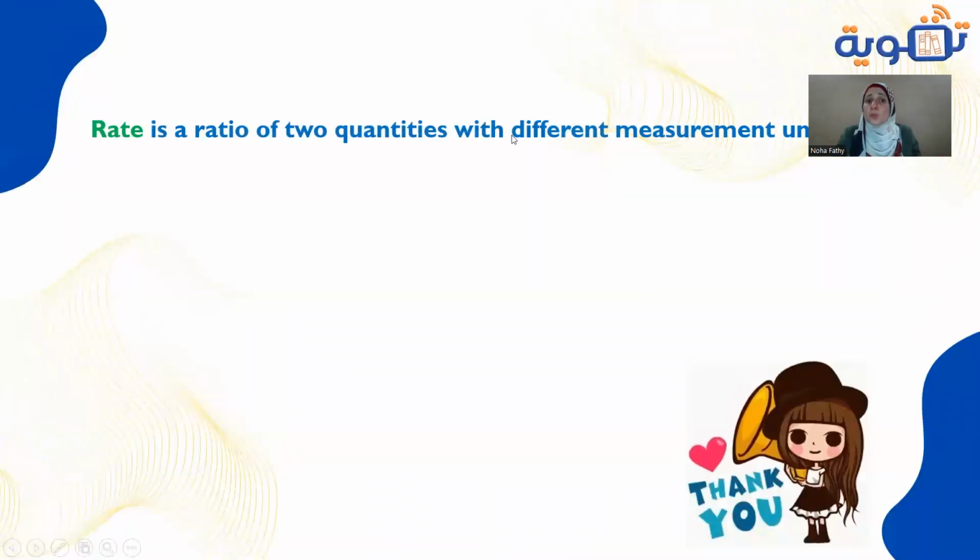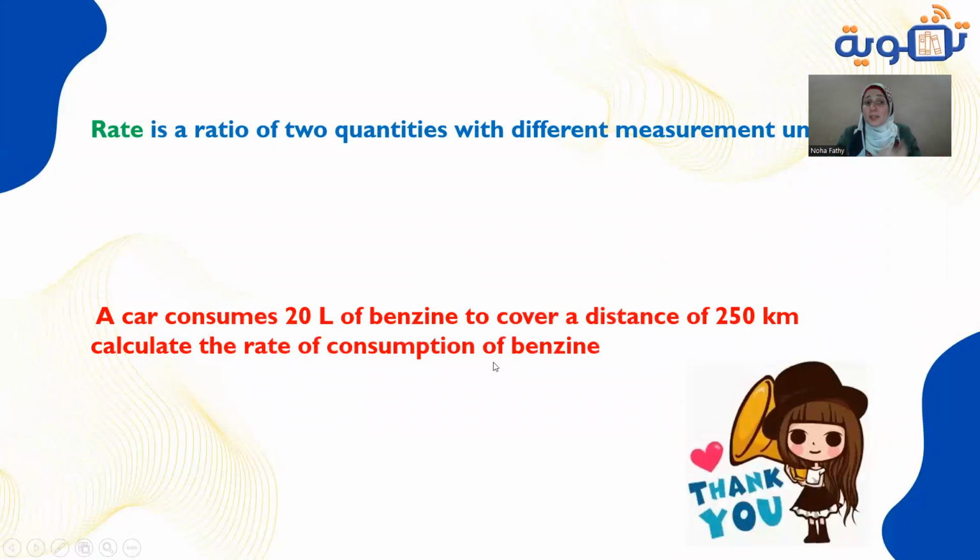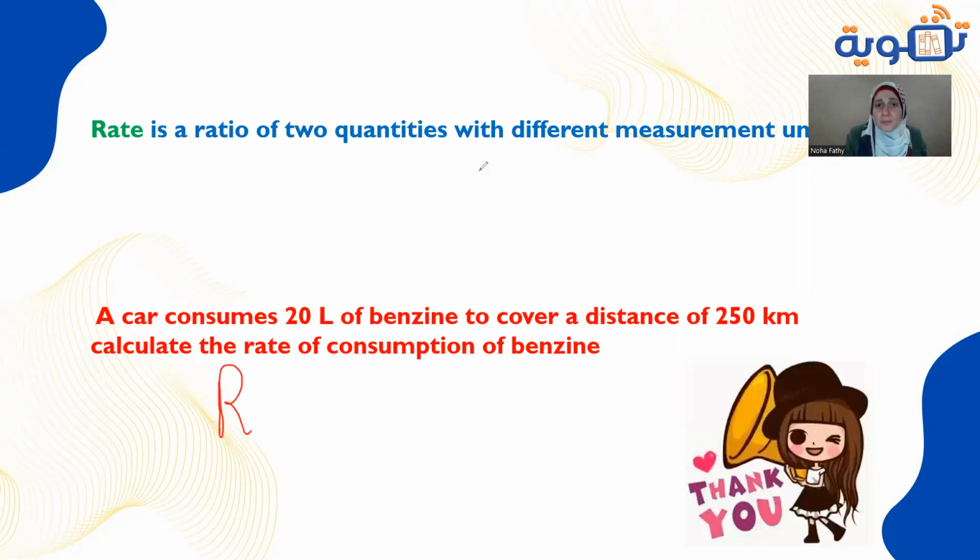So the rate is a ratio of two quantities with different measurement units, like kilometers and hours, liters and kilometers, days and hours, or how many cups of water, for example, you drink in 1 day or in an hour. So I will make here the rate.